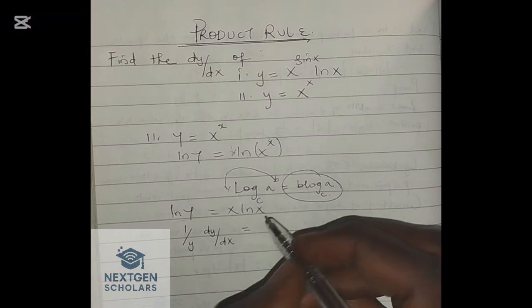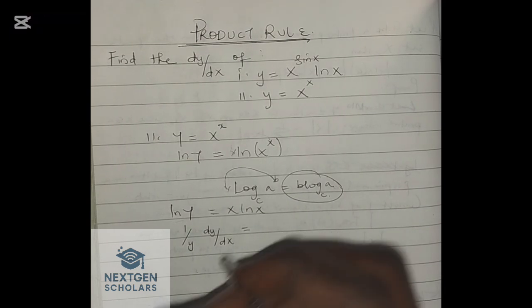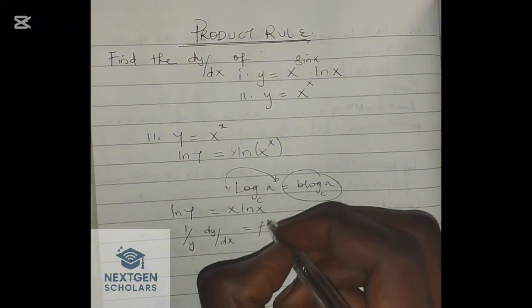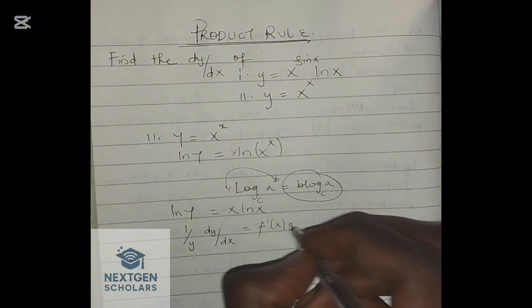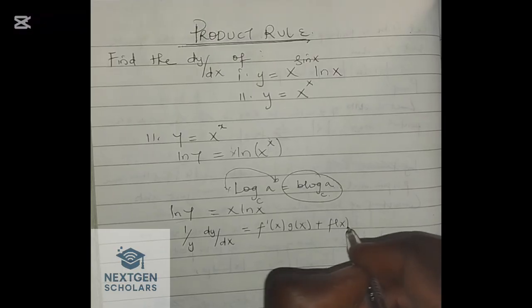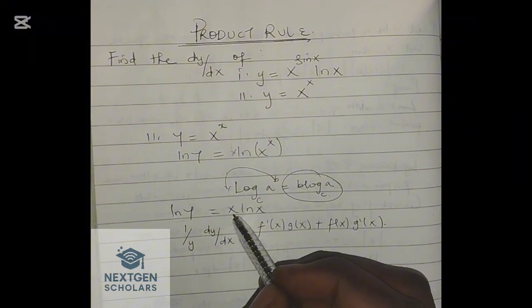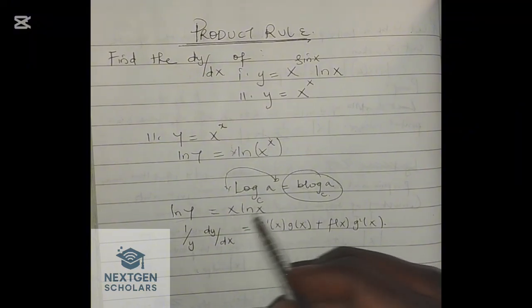You know ln y gives us 1 over y. By applying our product rule, we differentiate the first function and keep the second one, then add the result to keeping the first function and differentiating the second, because this is two functions multiplying each other.